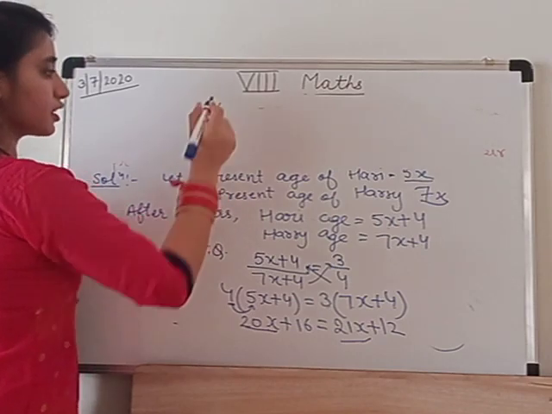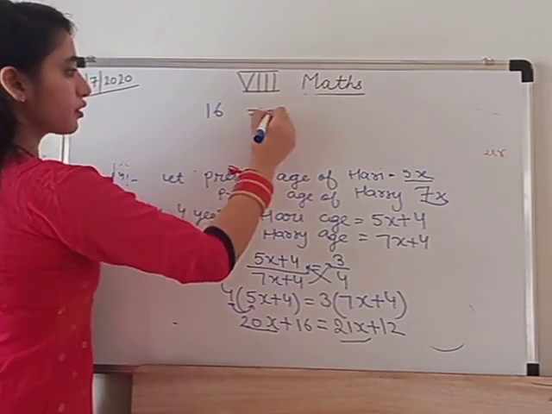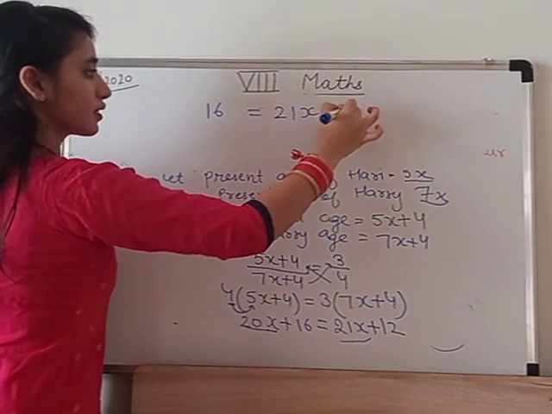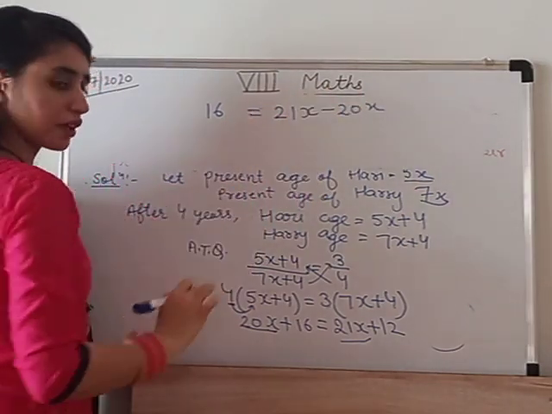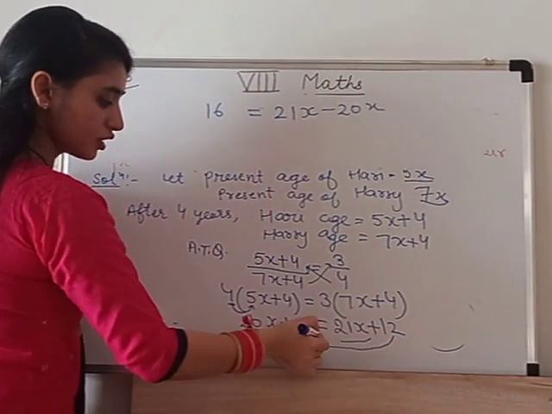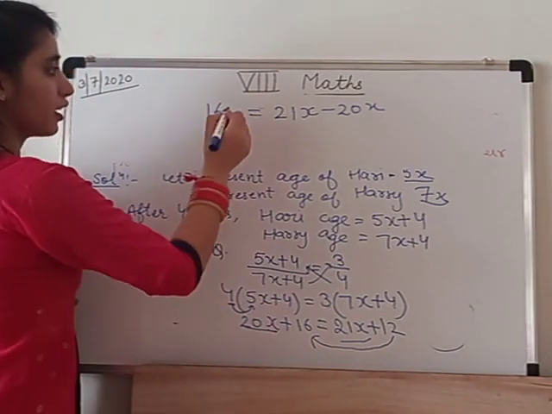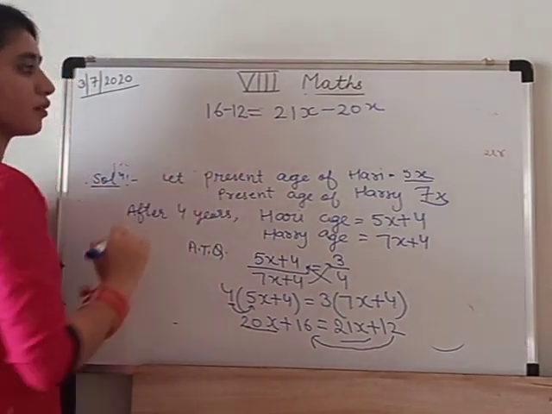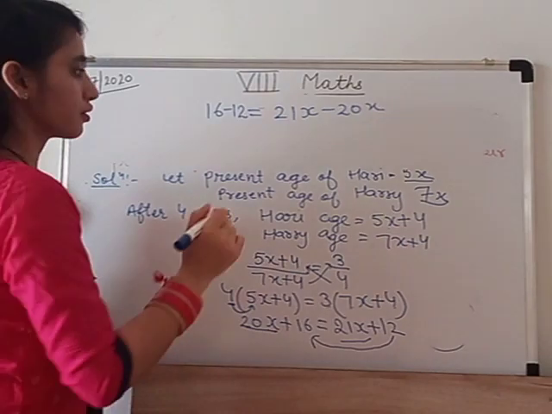So 16 is equal to 21x minus 20x, and plus 12 shifts to the left side and becomes minus 12 according to our transposing rule.